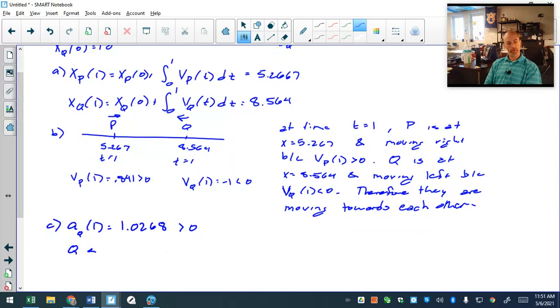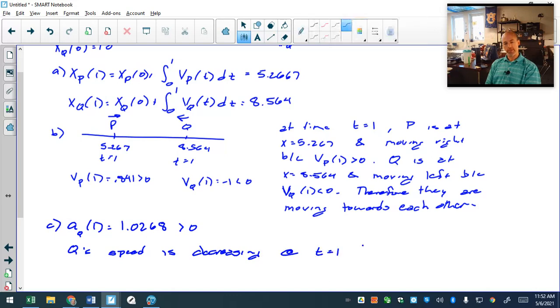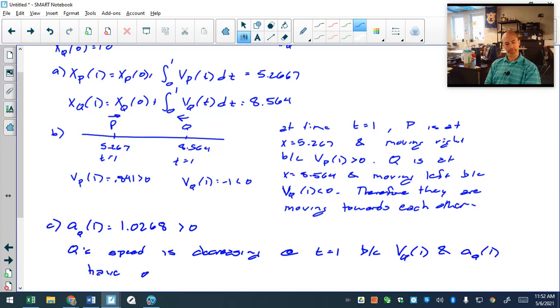So Q's speed, forgot the S in speed, is decreasing at t equals 1 because the velocity of Q at time 1 and the acceleration of Q at time 1 have opposite signs. Same signs, speed increases. Opposite signs, speed decreases.